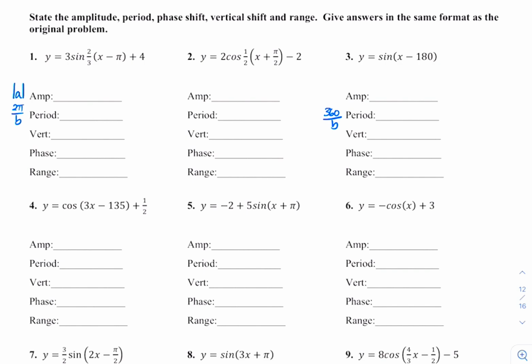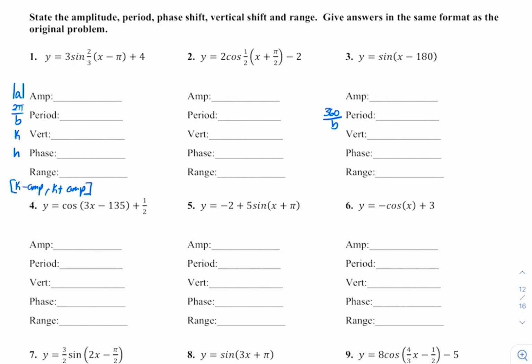The next one is the vertical shift, so that is k, including its sign. The phase shift is h, including its sign. And then for the range, we are doing k minus the amplitude, and then k plus the amplitude.